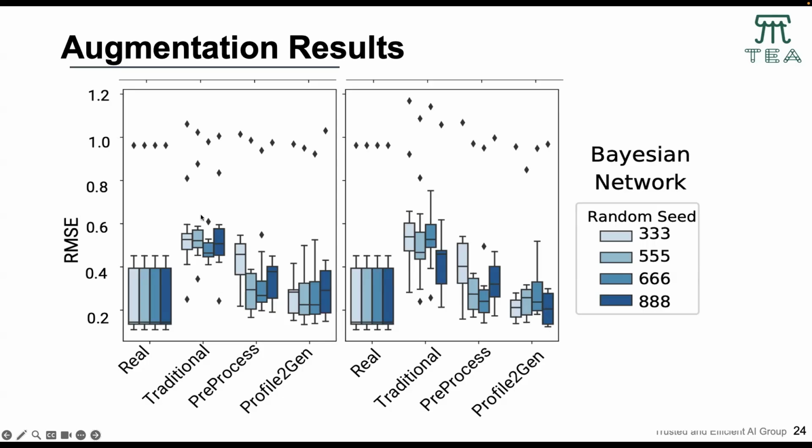So this is still the y-axis, the mean square error. And you can see that even though they use less data, they sometimes still achieve better performance, which means that the synthetic data can not only be similar to the real data, but also sometimes be more effective in the augmentation tasks to help train the models.